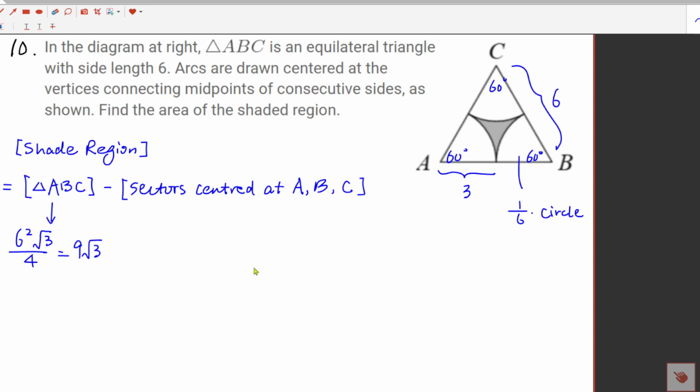Since each has the center at the vertex of triangle ABC and passes through the midpoint of a side connected to that vertex, right? Therefore, the area of each sector here is 1/6 times pi r squared. This gives us 3 pi over 2, right?